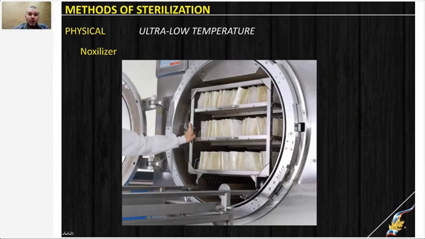And one more method is known as noxalizing, and the company originator of that idea is known as Noxilizer. It is a method of freezing with the help of nitrogen dioxide. It uses liquid nitrogen, and that technique allows decreasing temperature down to minus 30 degrees Celsius.